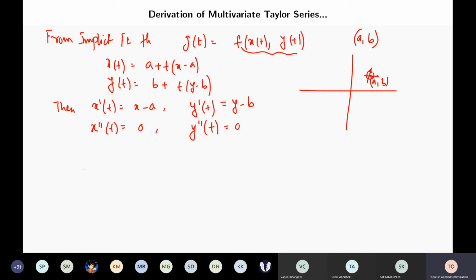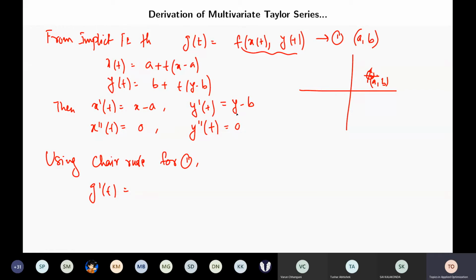Now we can use the chain rule for this, let us say for 1. So for 1, what we have is g prime of t. So how do you differentiate functions like this?